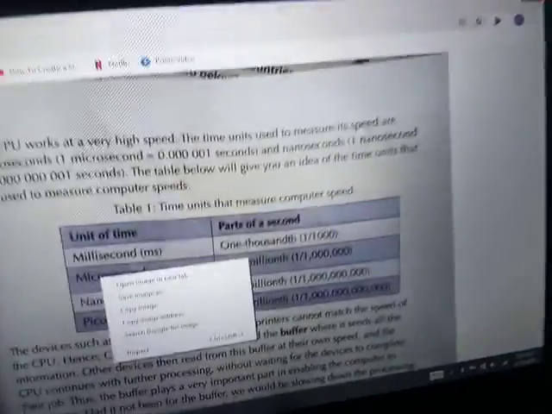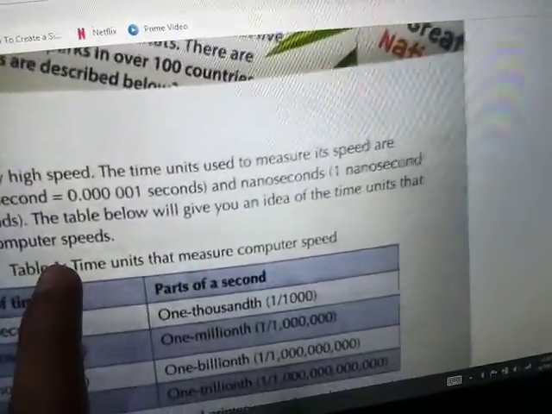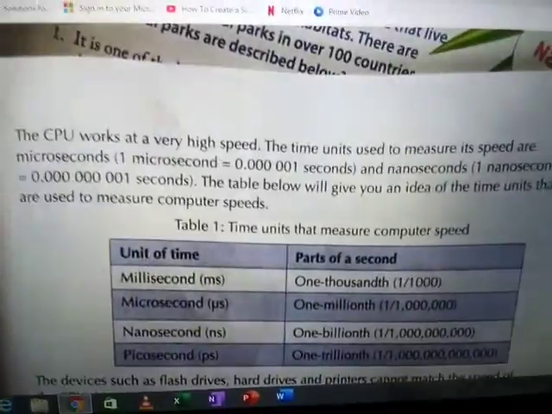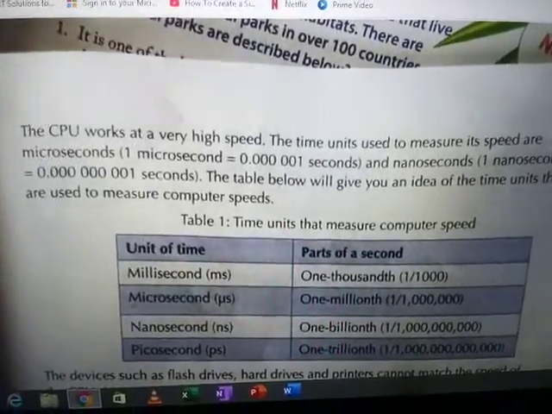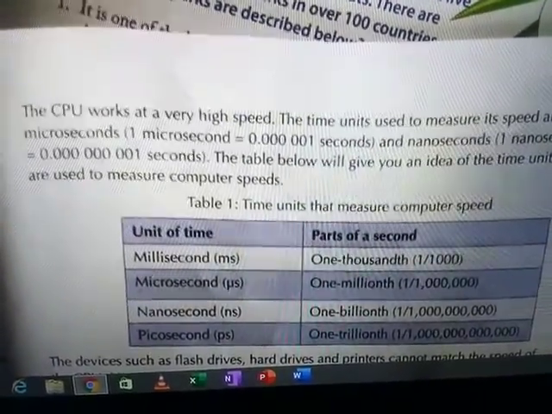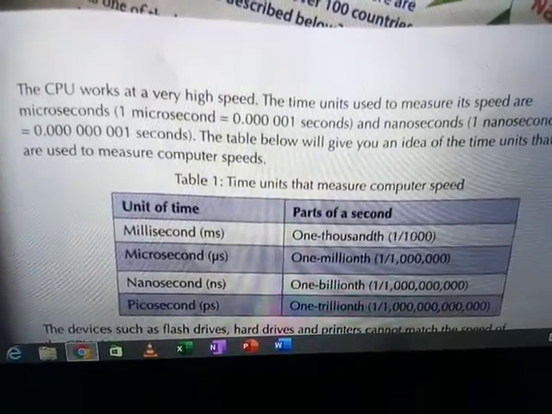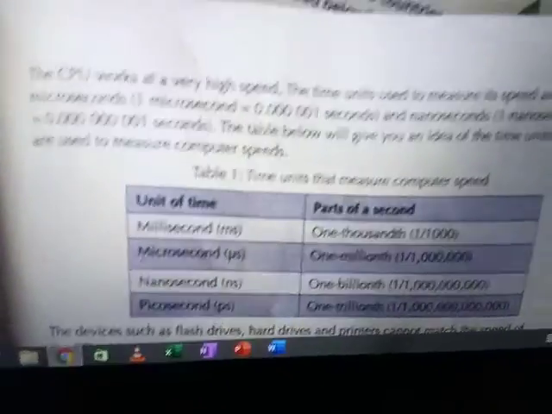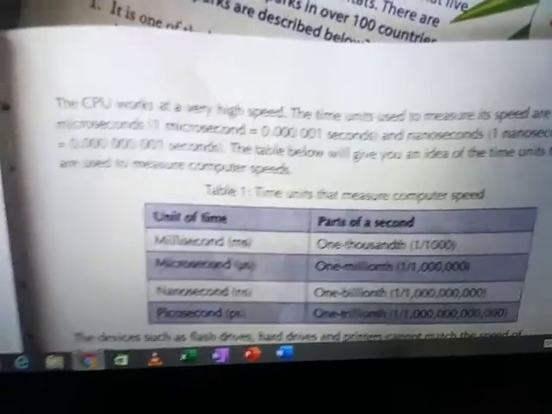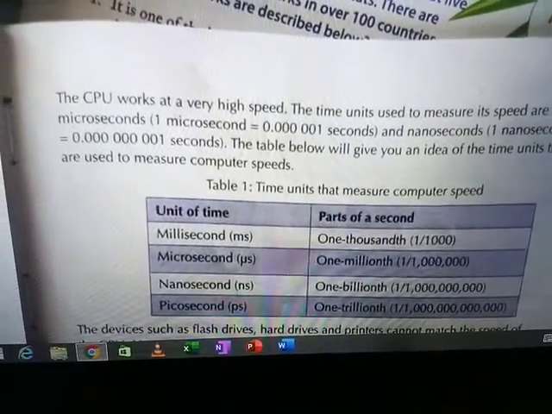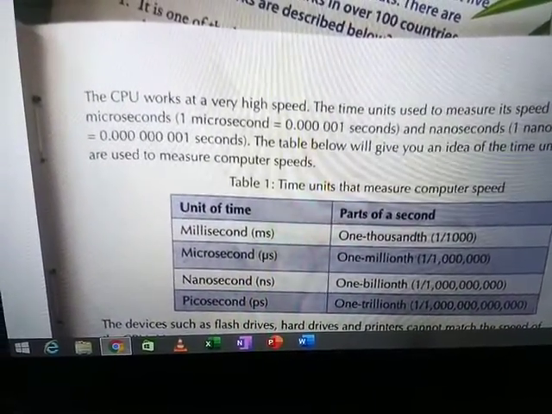Now let's see a little bit deeper about the CPU. At what speed does a CPU work? Just imagine it. The time unit used to measure its speed is the microsecond.